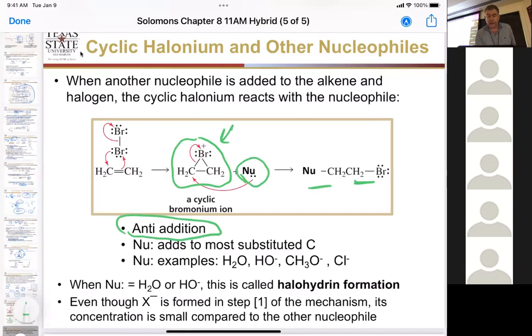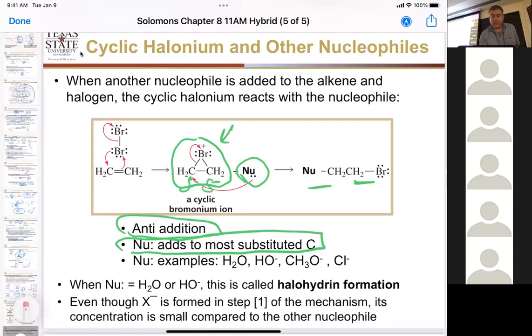And the nucleophile will always attack on the more substituted carbon. Why? Well, if they're the same right here, both of these carbons have the same electronegativity, right?